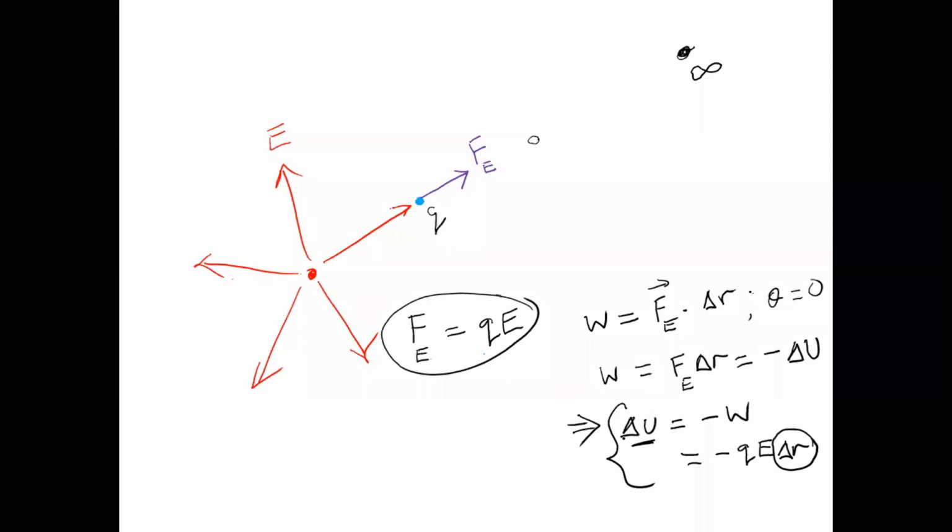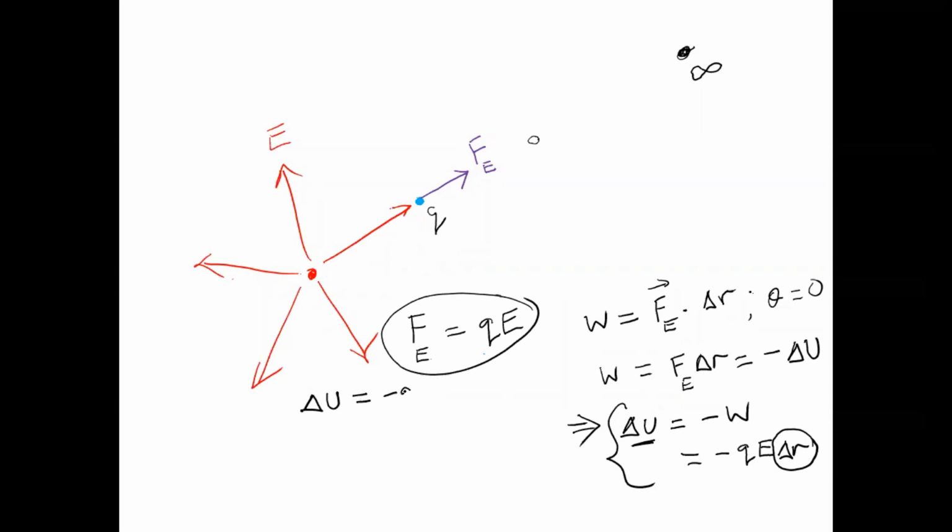That is the first point. What is the second point? The second, so the change in potential energy, absolute potential energy, is just given by what?